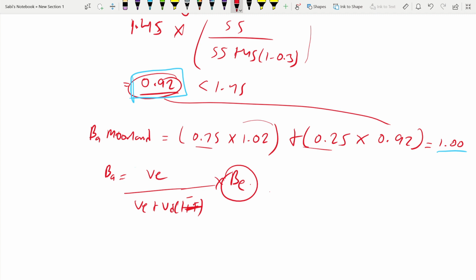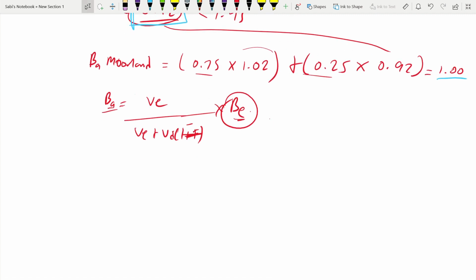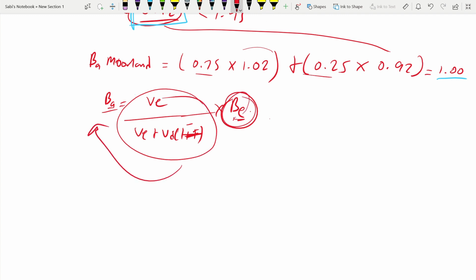So you need to make this the subject of the equation. On the equal side is asset beta, and you need equity beta. Just bring this entire side over, because you cannot bring the other side; if you bring it to the other side, it becomes negative. Rather, bring the value of equity over value of equity plus value of debt 1 minus tax to the other side. This is division, and once you bring it to the other side, it becomes multiplication.